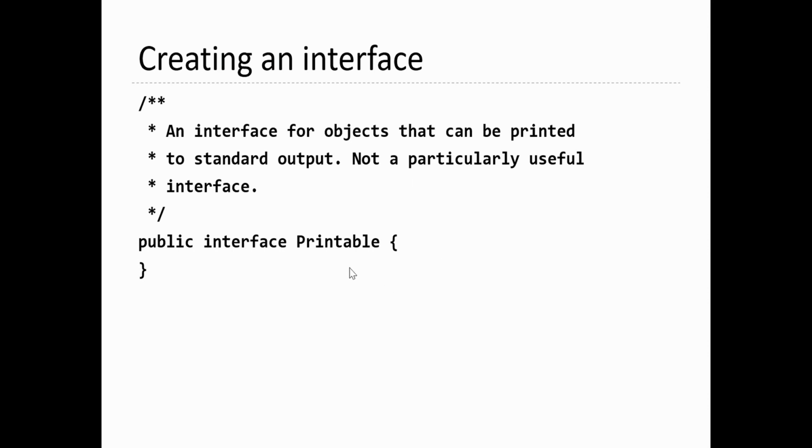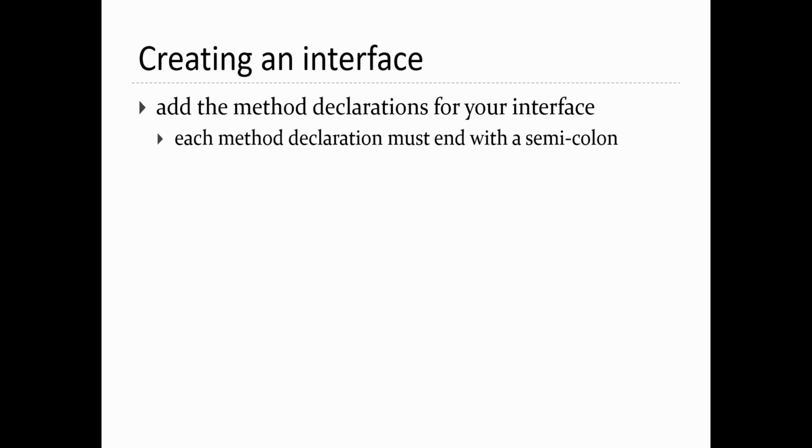But we'll make an interface just for the purposes of an example. So you make your interface. It's public. Use the keyword interface. Give a name to the interface. And now, in the body of the interface, you just put in the methods that you want every object that implements the interface to have. And you end each method with a semicolon.